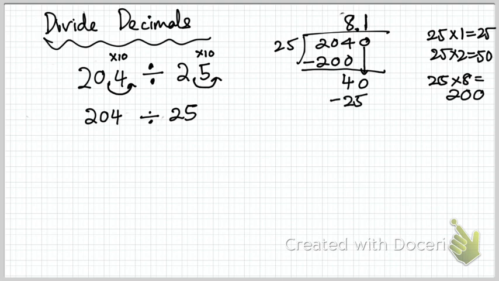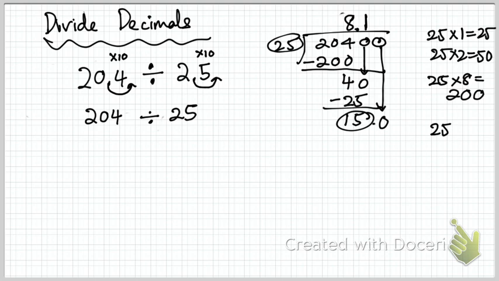So this will be 25, and the remainder is 15. This number is still smaller than 25. So every time this number is smaller than the divisor, we're going to bring another 0 down again. Now we need to find out how many 25s go into 150.